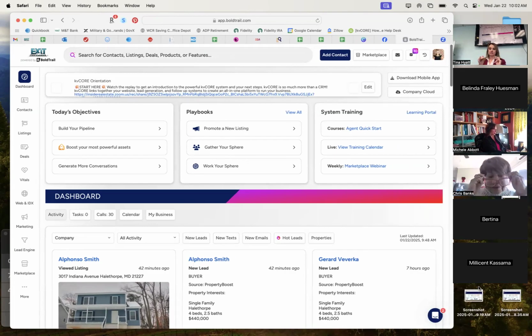You'll be able to see everything that's in here and decide maybe it's something you want to add for yourself. KVCore is both our website system for the front end for your clients, and the back end CRM system. So it gives you both of those tools.